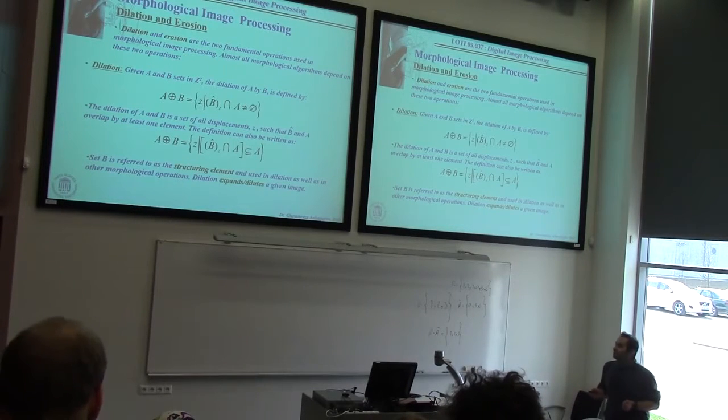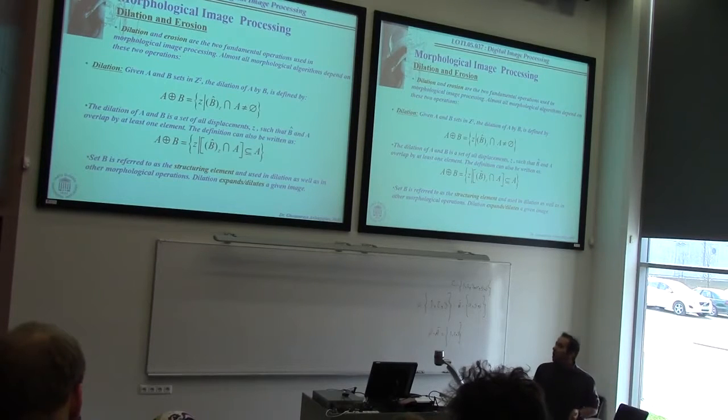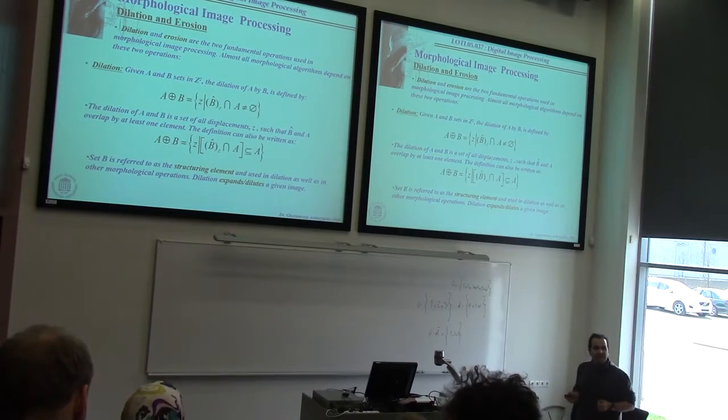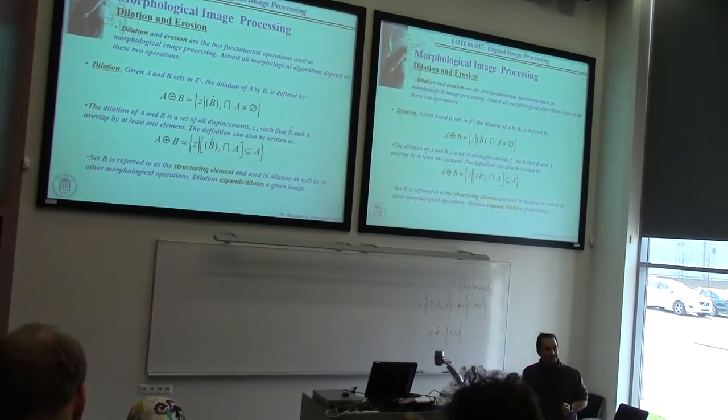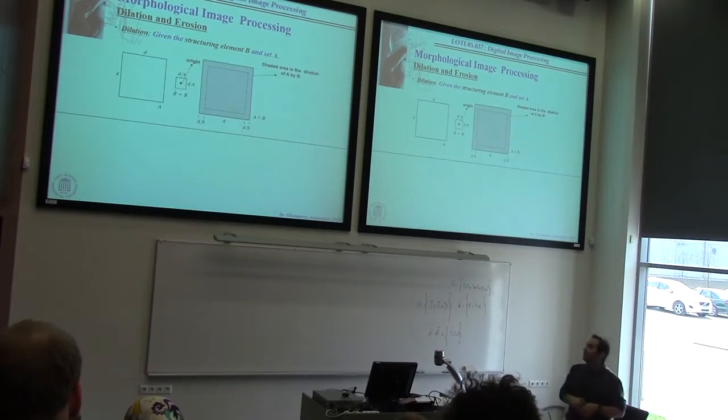We can also write it in this form, it doesn't matter. In all morphological operations or functions, we call B a structuring element. In the example, you will see why we call it that.